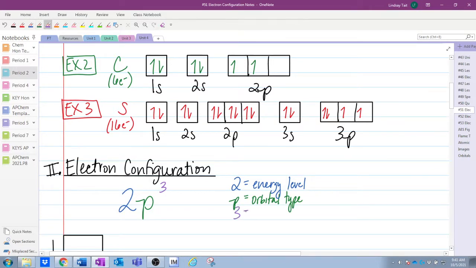And then the exponent 3 in this case is telling you how many electrons are in that energy level's orbital type. And guys, I separated this out, but remember the 2p together, that's actually the name of the sublevel. This is the 2p sublevel. Remember how sublevel names can also tell you the energy level that you're on?